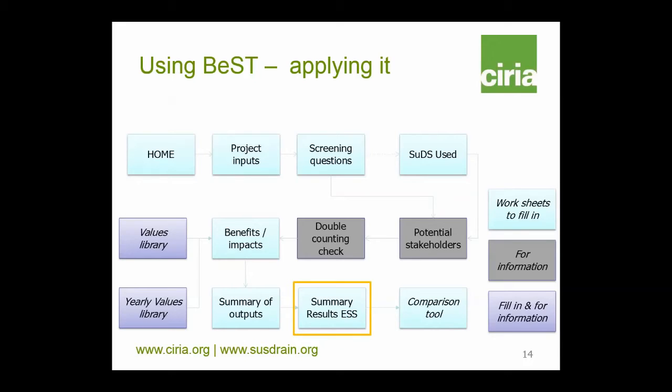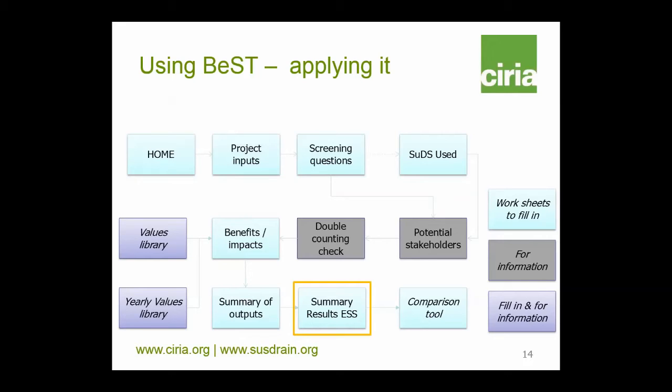All these results are brought together into summary tables which summarize all the information around the start year, the end year, the present value before confidence, after confidence, and the confidence values.